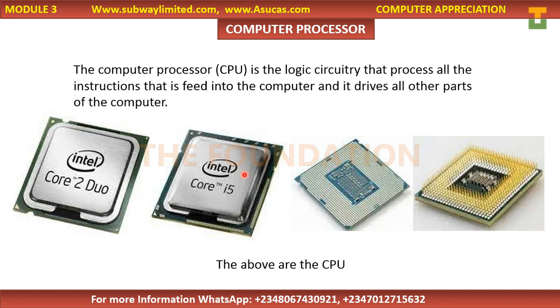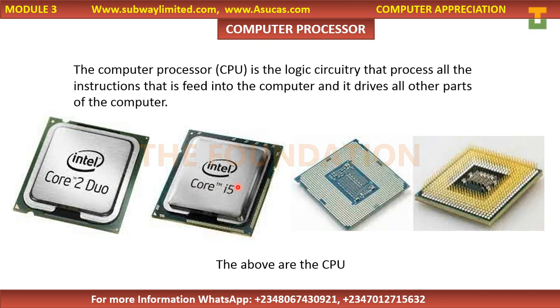These are different processor specification. Core i5, if you are buying a system and the system is core i5, now we have core i7, and the IT industry will keep on upgrading the components. Core 2 duo is a lesser computer speed compared to core i5.